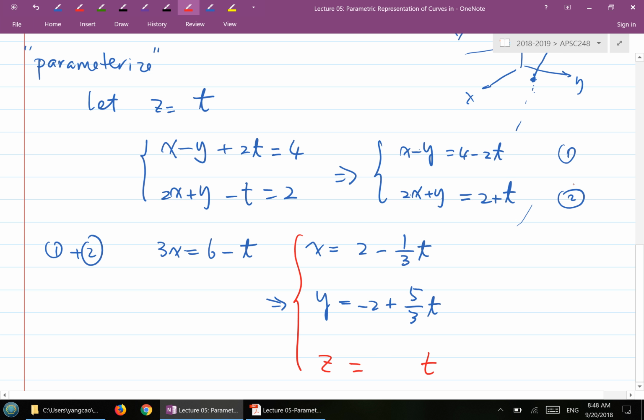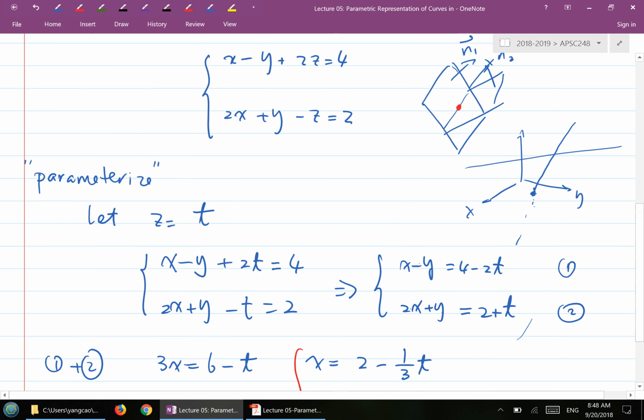I want you to understand the general approach here: you start by letting z be simply t, and you treat t as a constant, solving for x and y. You get two solutions for x and y, which are functions of t, combining back with z equals t, and you get your parametric equation here. Now you may ask, can I do it differently?